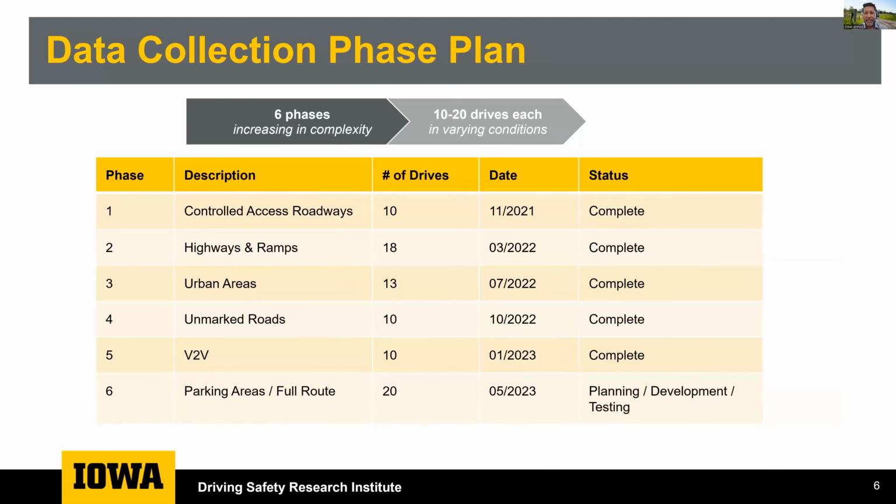Our data collection is organized into 6 phases, and as I mentioned, we started almost 2 years ago. Initially, our vehicle was able to only drive under automation on very specific types of roadways, such as interstates and highways. But over that time period, we've upped the level of automation and the sophistication of the software.